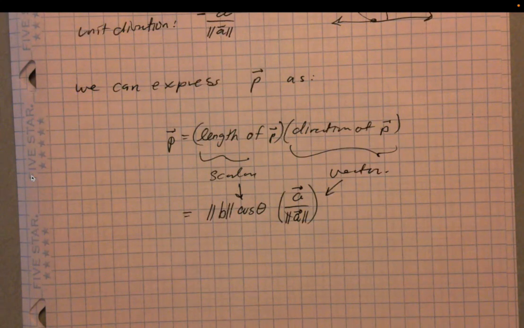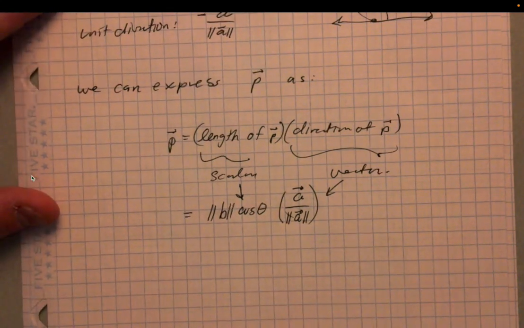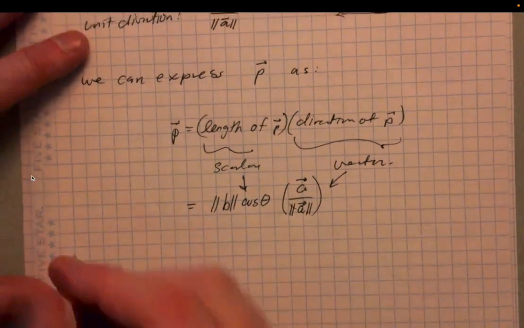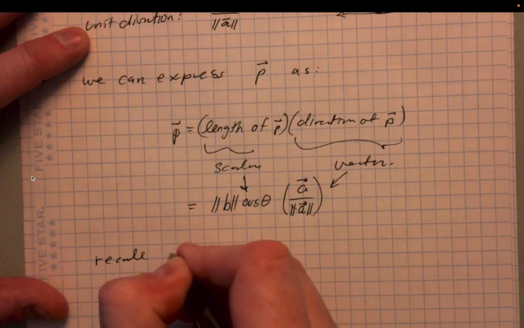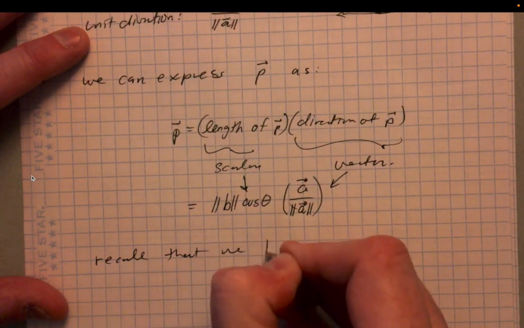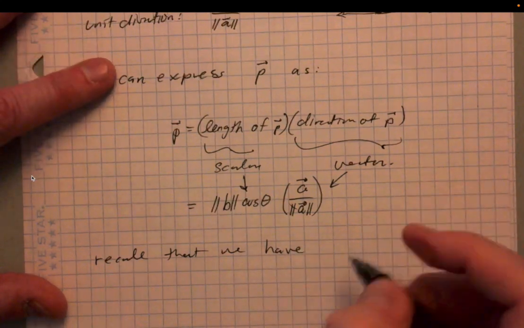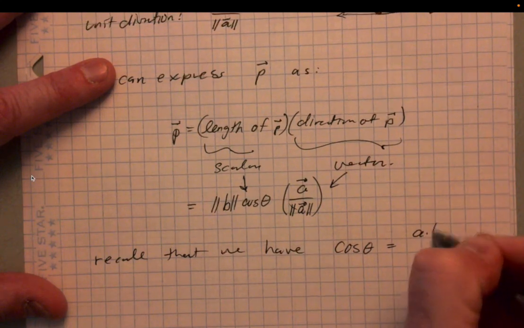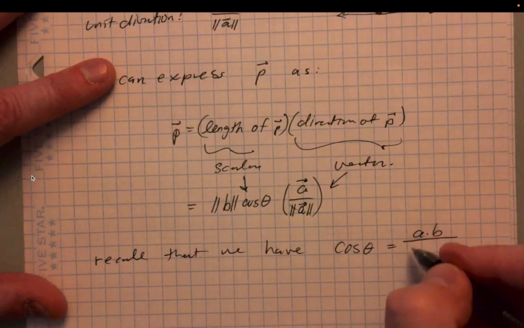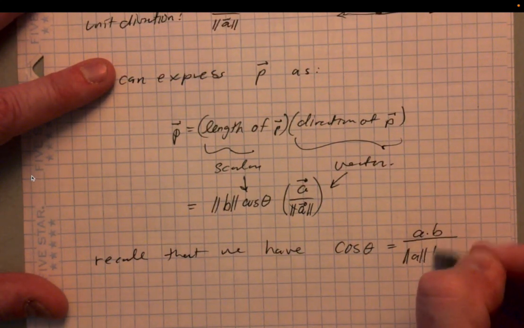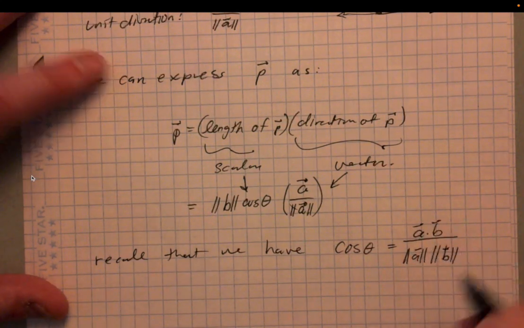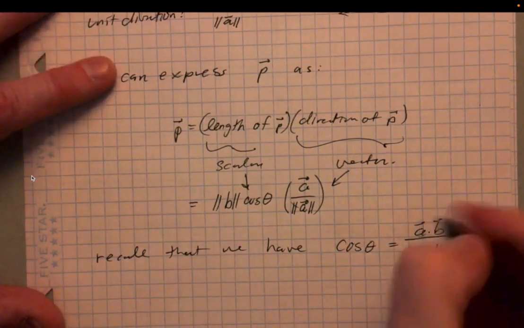Okay, so that's kind of the starting point here, but recall that we have this theorem, cosine of theta is equal to A dot B over the norm of A times the norm of B. And so what does that imply?